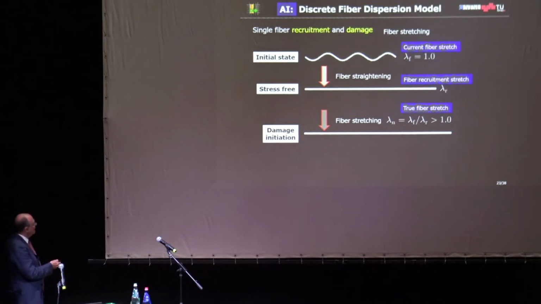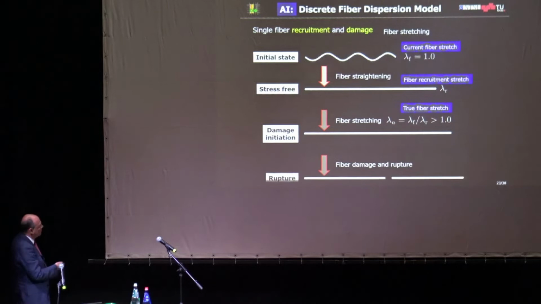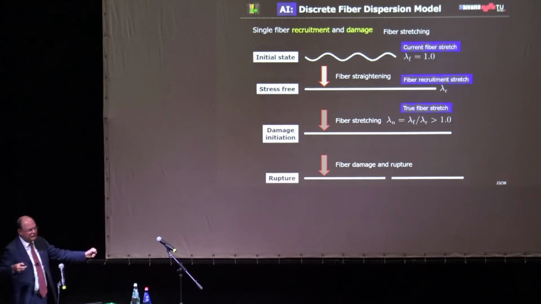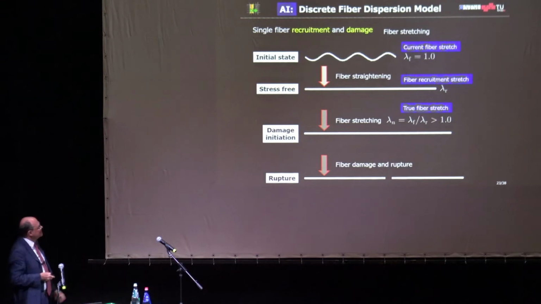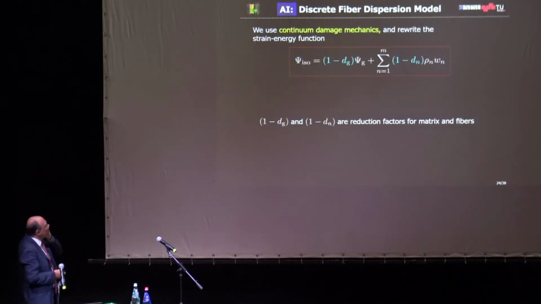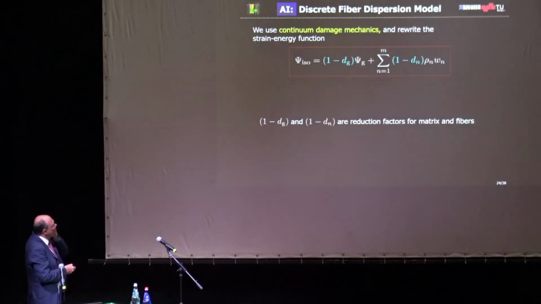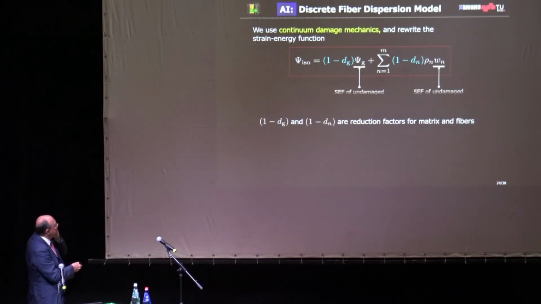And finally, we have damage here and rupture. So damage will be induced because we overstretch the fiber and finally it ruptures. So that is the idea, to use very simple continuum damage mechanics here, so that we see this sum of rho n Wn, we just multiply here by 1 minus d.